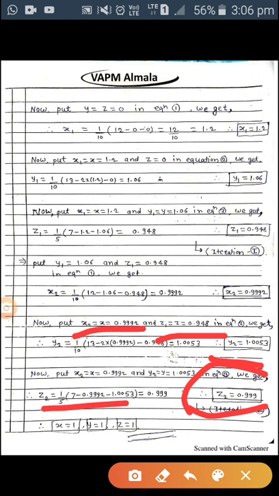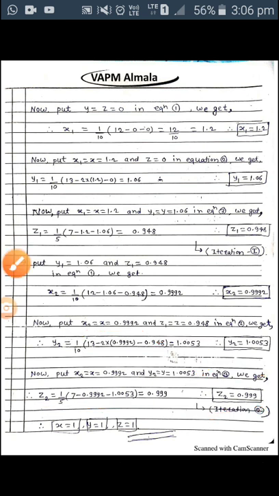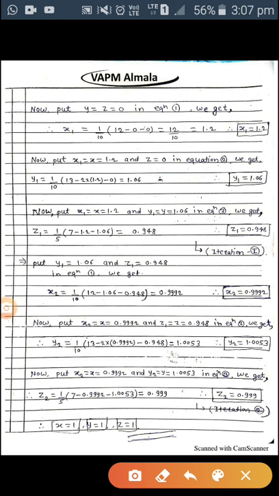When we observe these three values x2, y2 and z2, the value of x2 is 0.9992, which is nearly equal to 1, the value of y2 is 1.0053, also nearly equal to 1, and the value of z2 is 0.999, which is also nearly equal to 1.